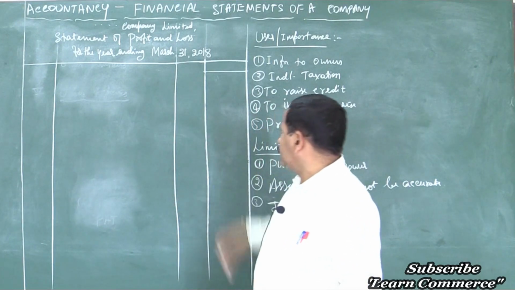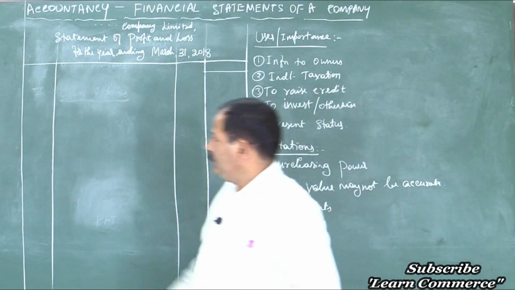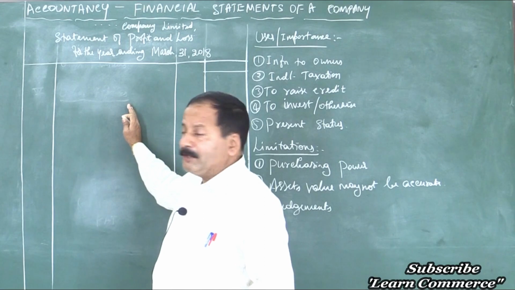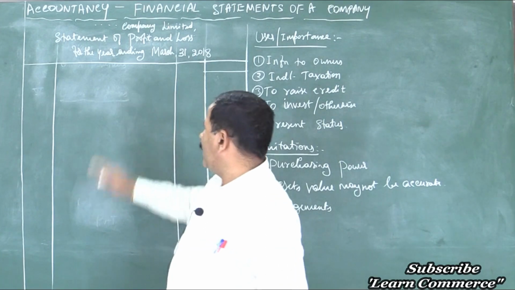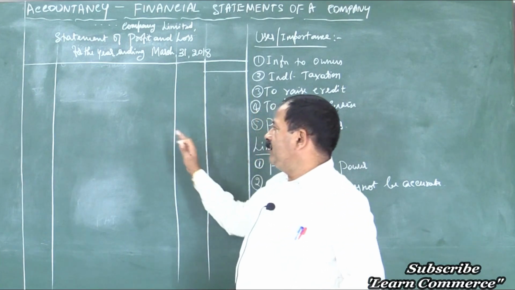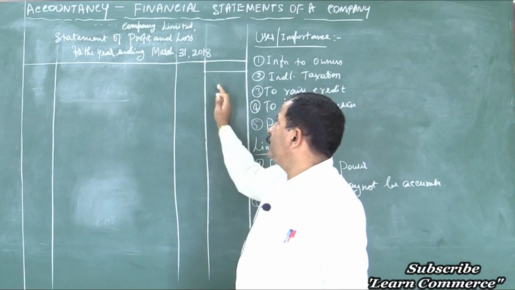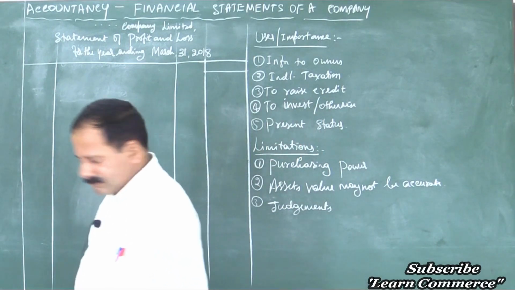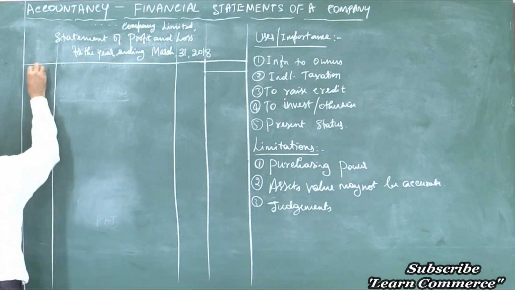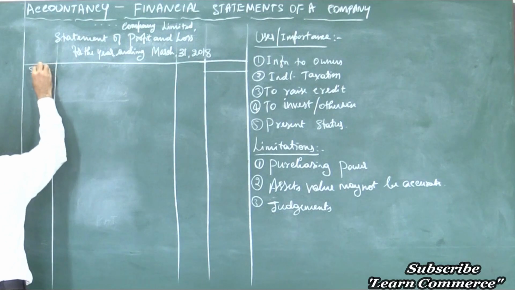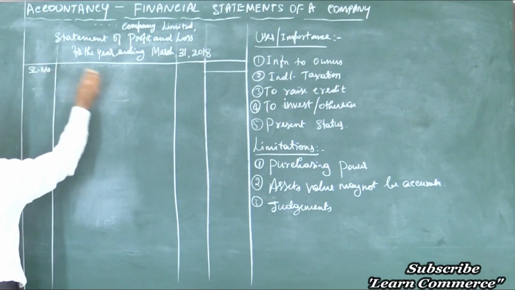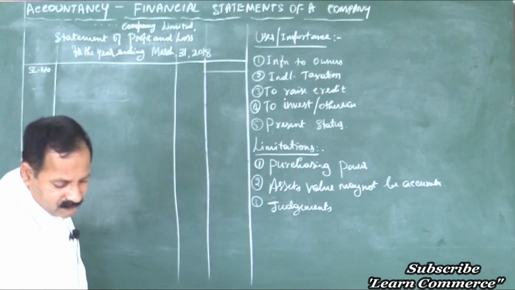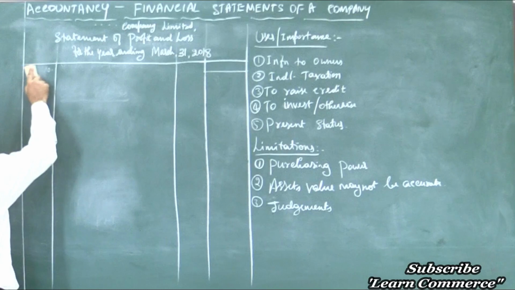Draw the columns like this. First column is for writing particulars. More gap should be there. There should be more space. Here, third one, fourth one. So let me write the column headings. Serial number I will write here. Actually, it is not there in the format. Serial number is not there in the format. But simply I will assign it, or better avoid it so that you will not lose 1 mark.